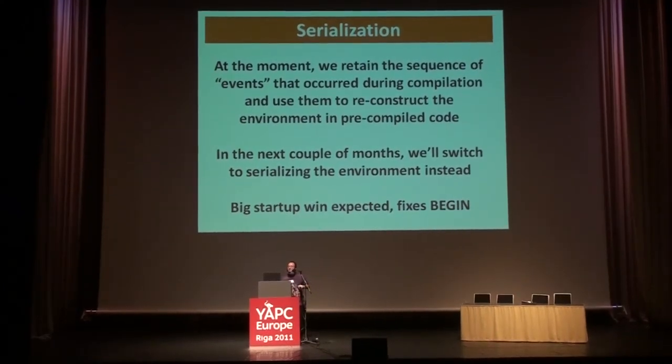At the moment, we reconstruct it in a very event-driven and piecemeal way. But the way it's been factored is such that we can really serialize it all. That's the next big project, and that's going to be coming in the month or two after YAPC. So that should be a big startup win. I want to get it down to 25% of what it is now, or less.